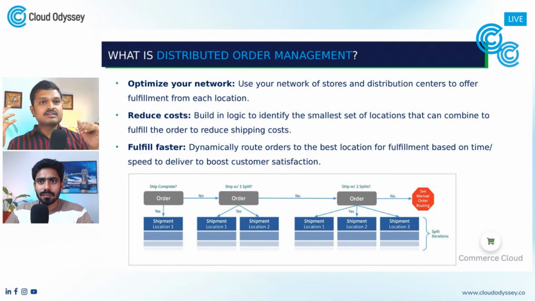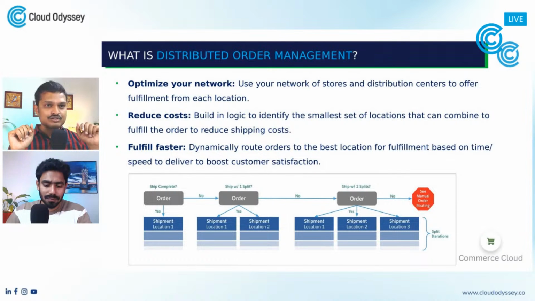For example, instead of 10 locations, let us say three locations are capable of fulfilling all these 10 items. Then you are fulfilling this order with only three splits. So 10 shipments versus three shipments. What happens to the shipping cost here? Obviously, it is reduced. Now, fulfill faster. Instead of routing the order to one location per item, you are checking if one location can fulfill more than one item.